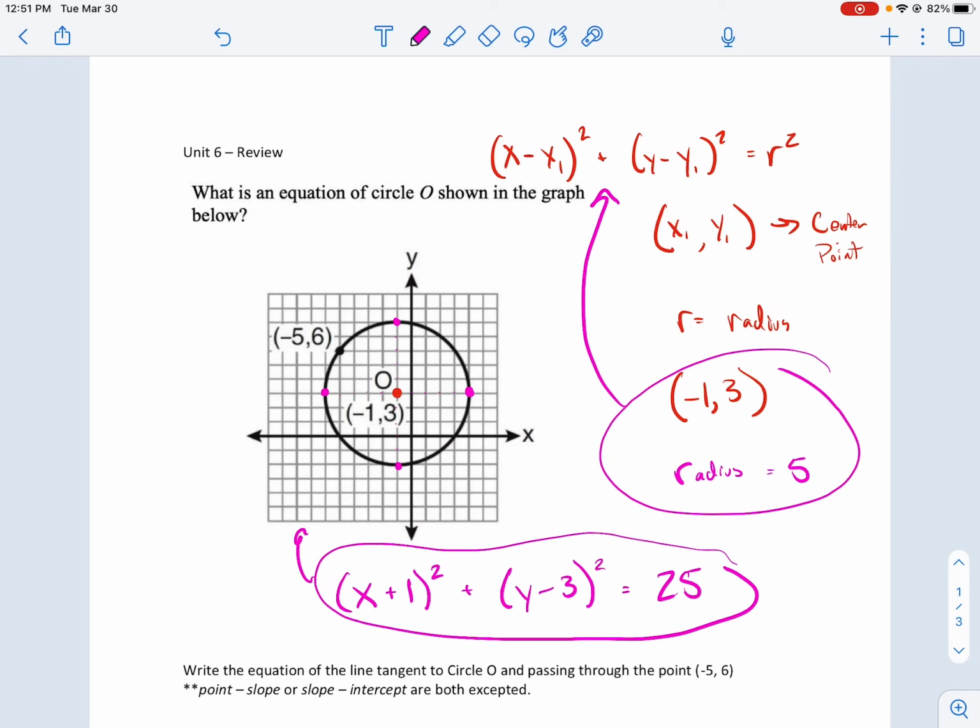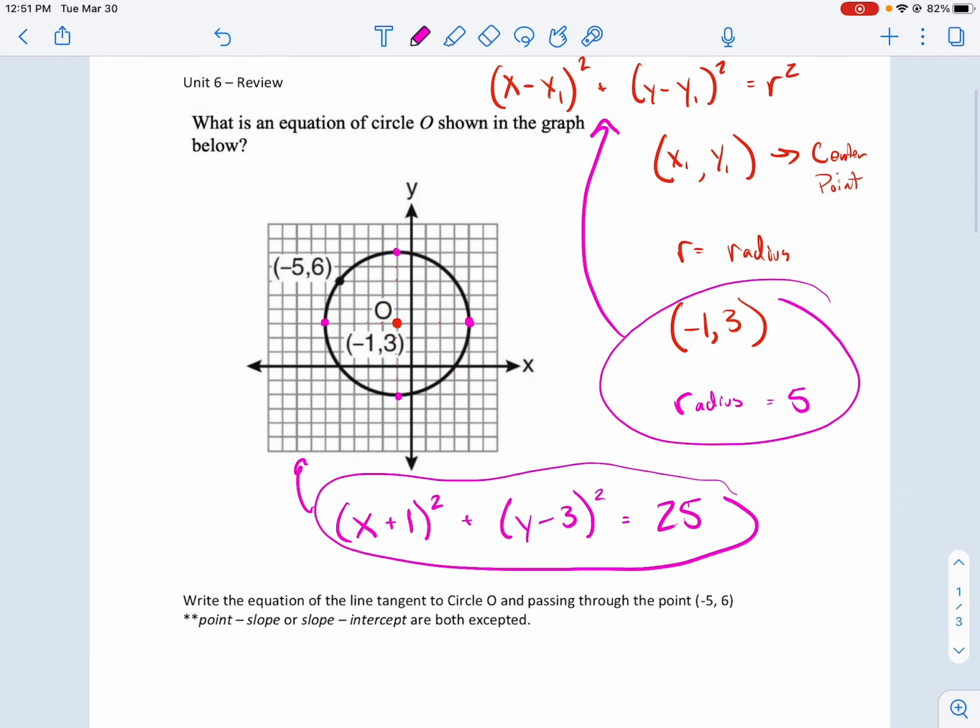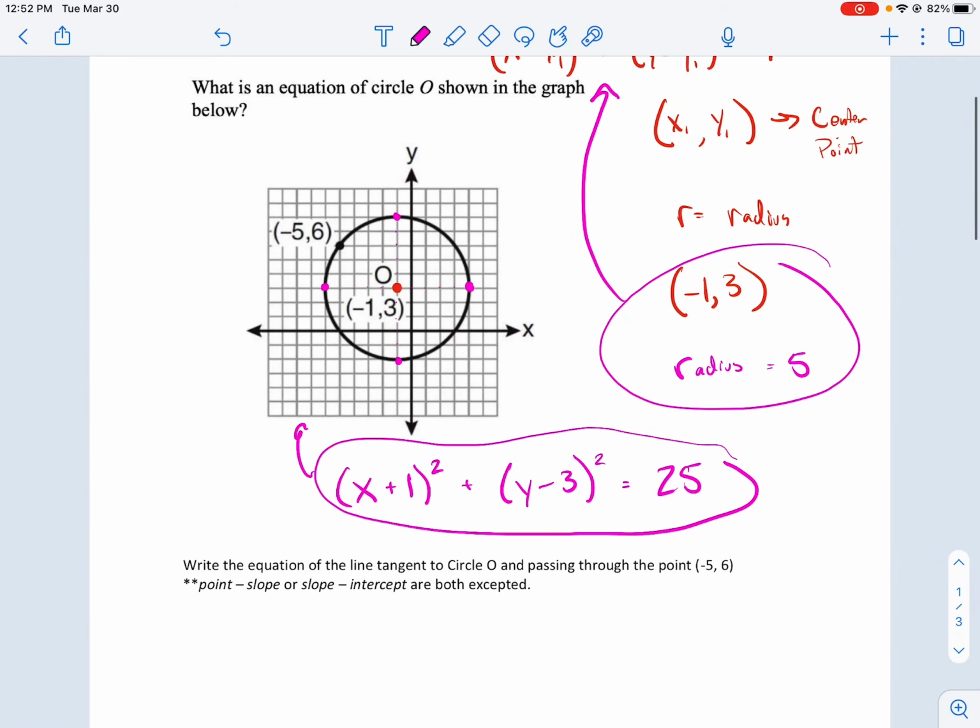So, next part it says, write the equation of the line tangent to circle O and passing through the point -5, 6. Point slope or slope intercept are both accepted. So, let's remind ourselves what those forms are.